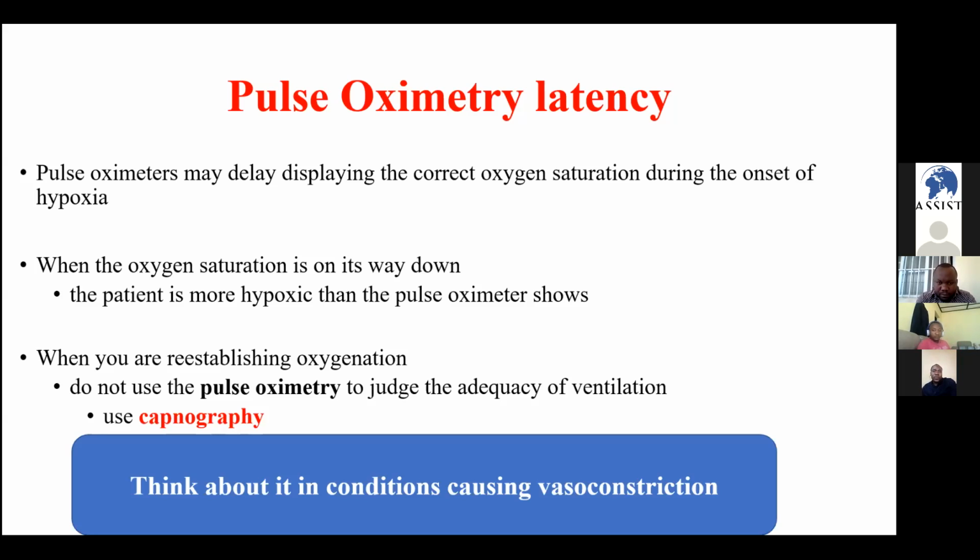You just have to calm down and try to use capnography, which will give you the partial pressure of CO2 the patient is blowing out during the breaths, other than concluding that your intubation has failed.